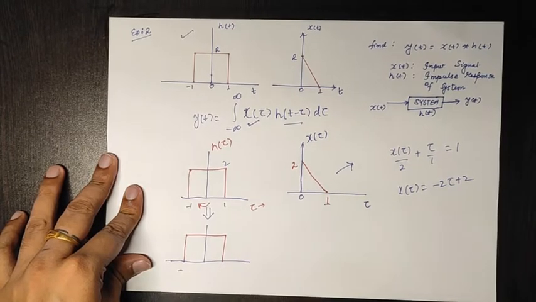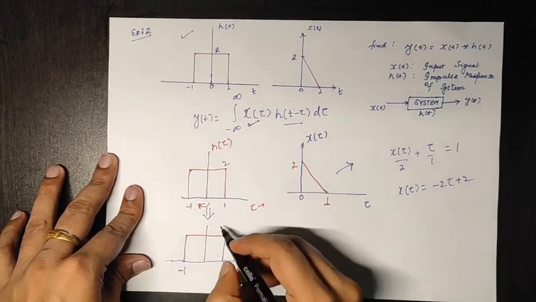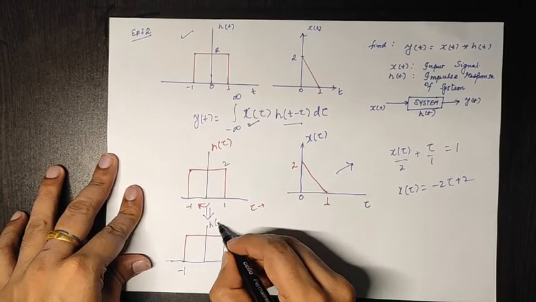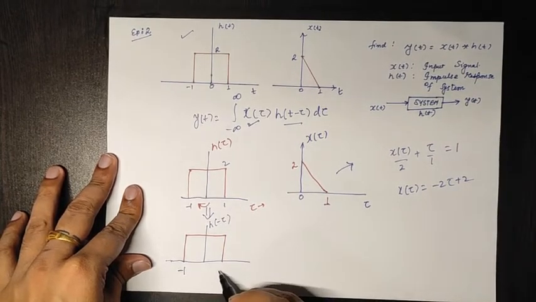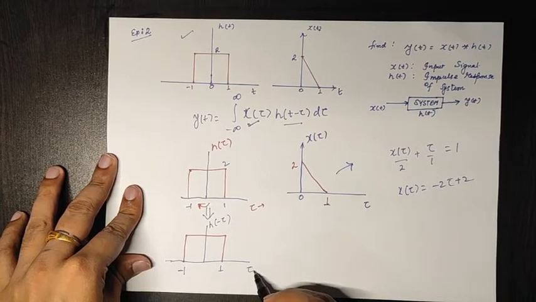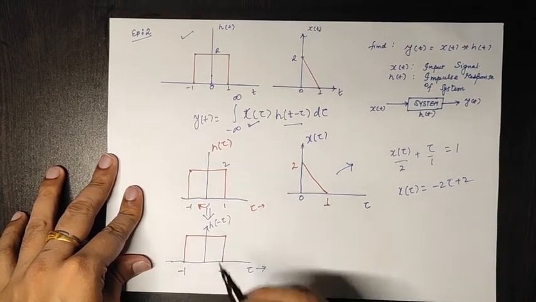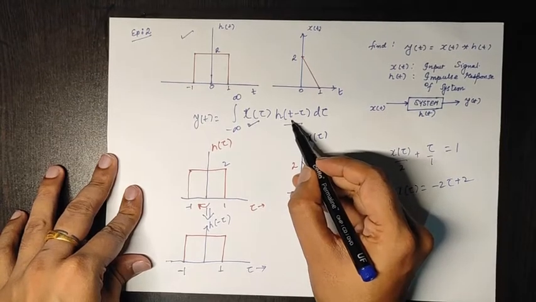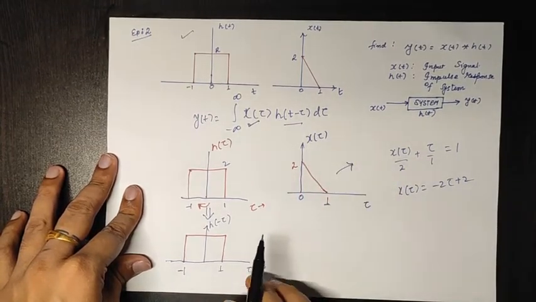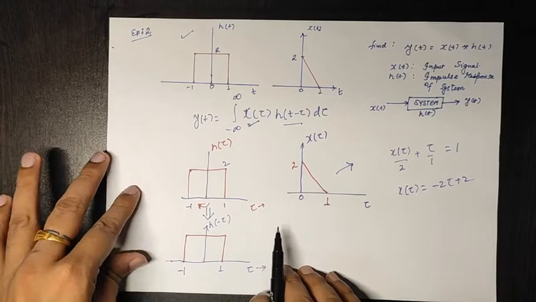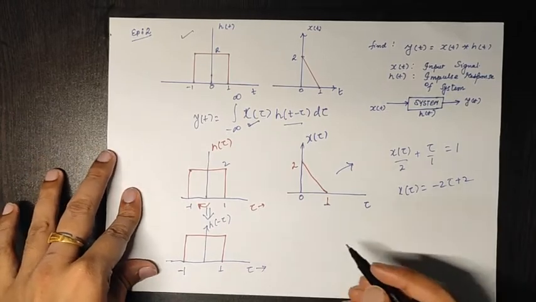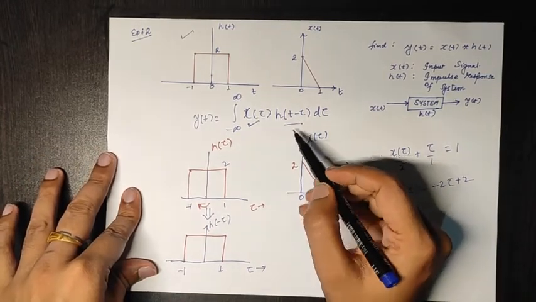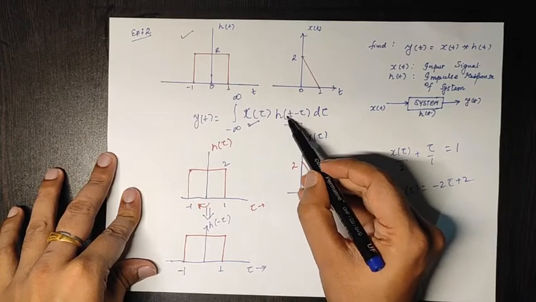So h(tau) and h(minus tau) will be the same. This is h(minus tau). Now we are interested in h(t minus tau), in the shifting. We have to do the shifting over the whole time domain.